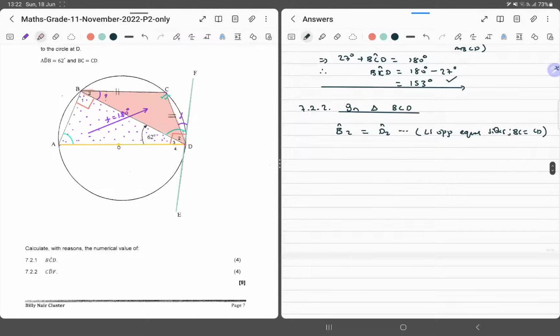And then what is the next step? We can say also in that same triangle, we know that angle B2 plus angle D2 plus angle C, I'm just going to keep it as C, these are equal to 180 degrees. Again, what is that? Sum of three angles of a triangle.